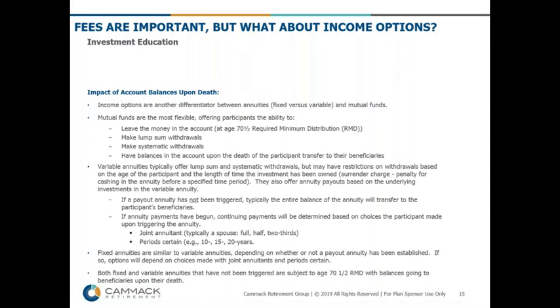But for people that are married or have a partner, they typically will make a choice of a joint annuitant. So that way the payment continues. If it's a lifetime payment, it will continue as long as the employee lives, and then when they pass away, there's a continuation of the payment to the spouse or partner.